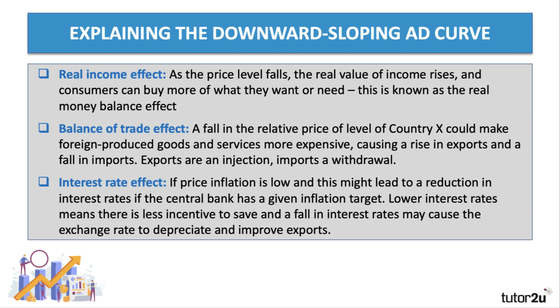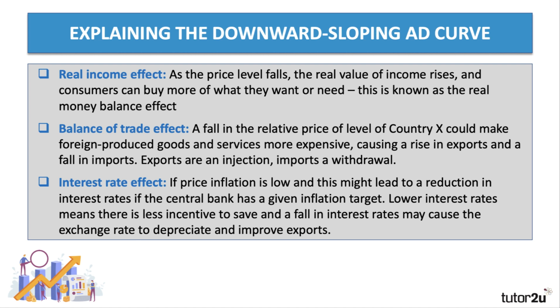The third effect really has to do with interest rates and monetary policy. If price inflation is low and some prices are falling, that might cause the central bank, in this case the Bank of England, to reduce interest rates, particularly if they have a given inflation target. Now, if interest rates go down, that means there's less incentive to save.